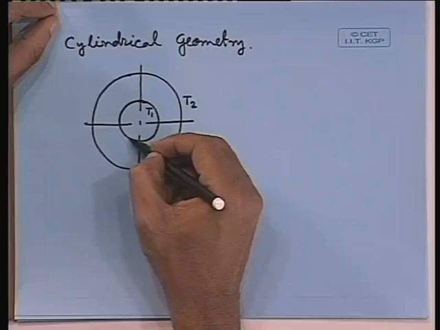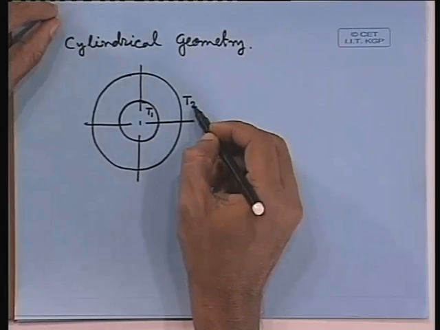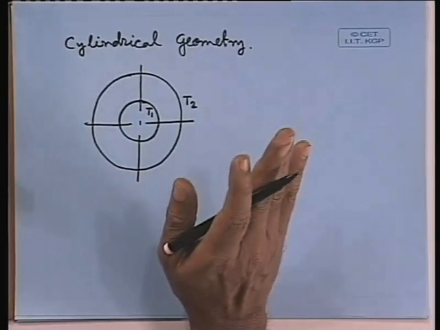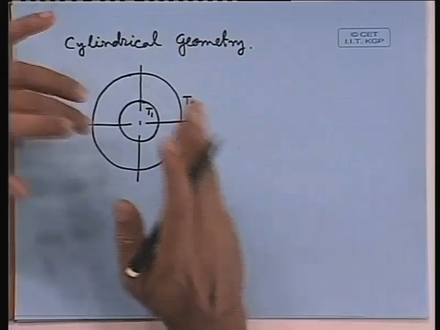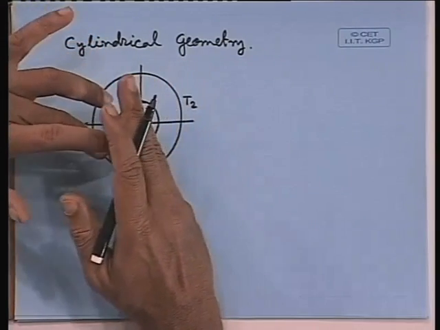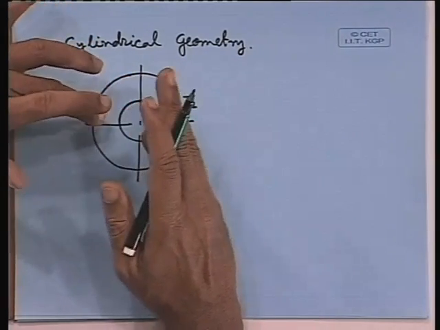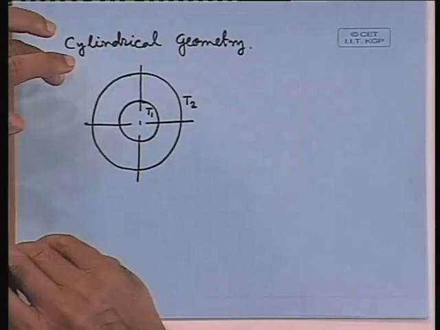So, there is no end effect, and also we assume that temperatures are uniform, inside wall is at uniform temperature of T1 and the outside wall is also at uniform temperature T2. Material property is not changing in the angular direction.